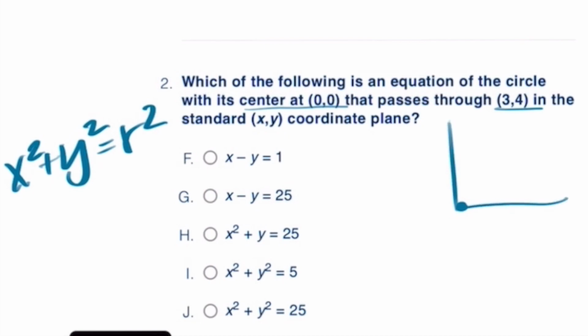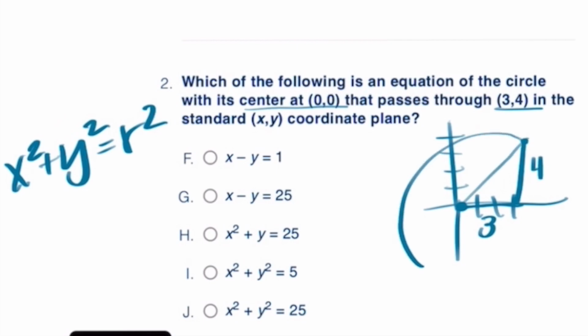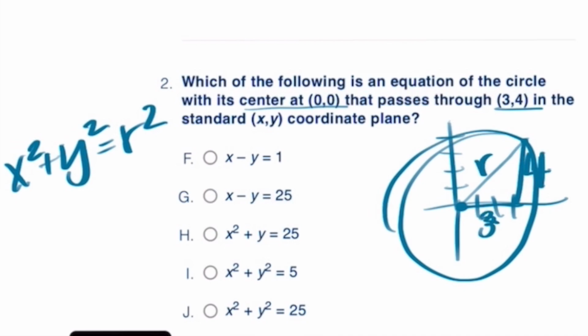So I'm going to draw a nice little picture here. I got my center at 0, 0, and then it tells us it passes through 3, 4. So I just kind of drew that out to get an idea of what my circle is going to look like. It's going to be 3 out and 4 up, and that'd be my circle. So to get the radius, it's going to be basically the hypotenuse of that triangle I made.